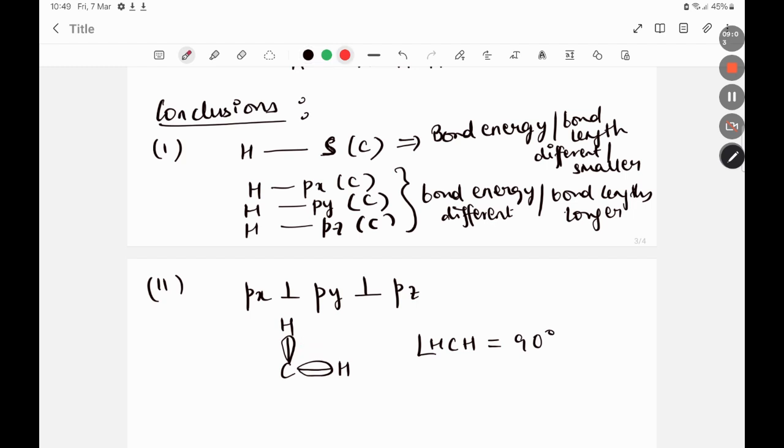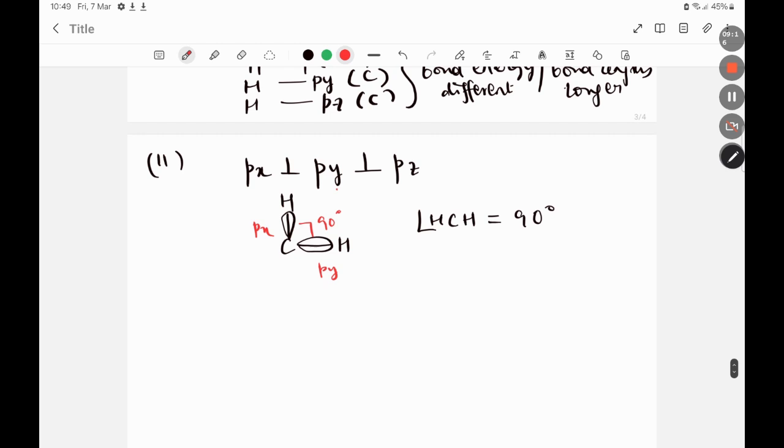Don't you think that? Because px is perpendicular to py, the angle between the HCH bonds will be 90 degrees.